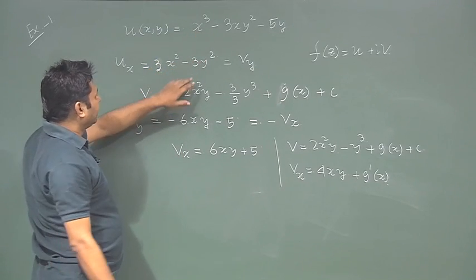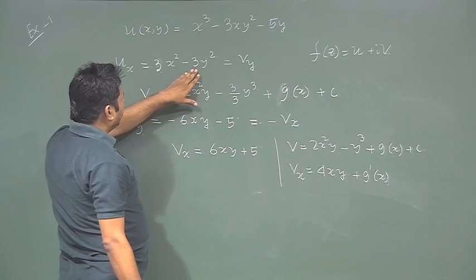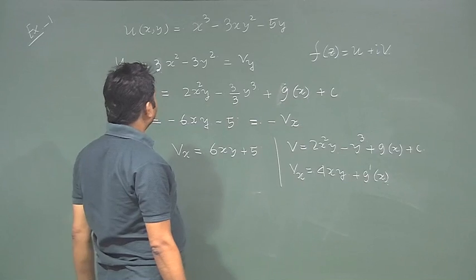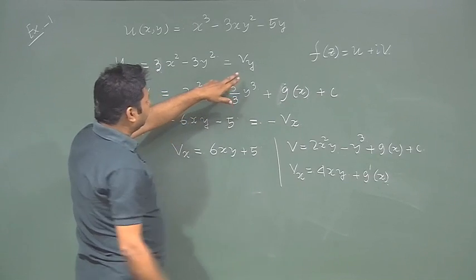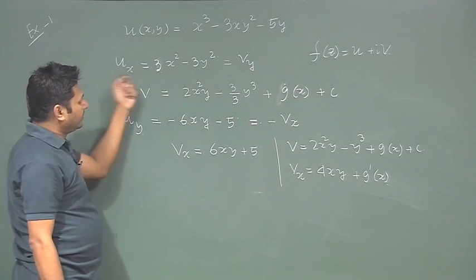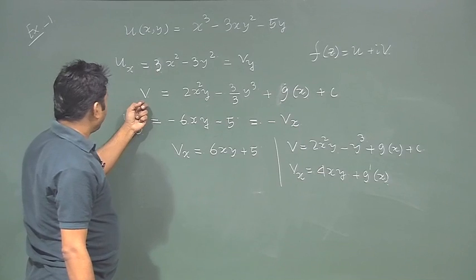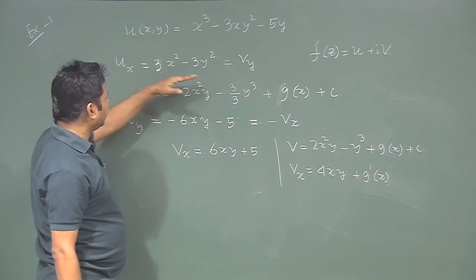When I am making the derivative, in a hurry I made a mistake. So, 3x square minus 3y square. Let me check whether any other mistakes are there, otherwise we will get a different answer. So, it will be vy, because the Cauchy-Riemann equation suggests it will be vy. So, v should be equal to the integration of this quantity.